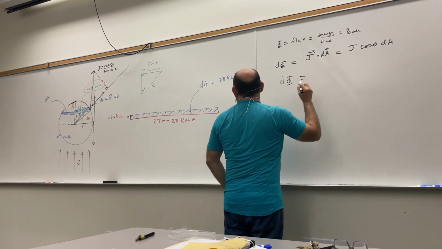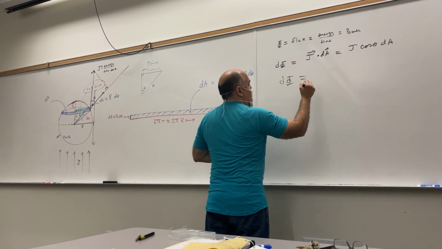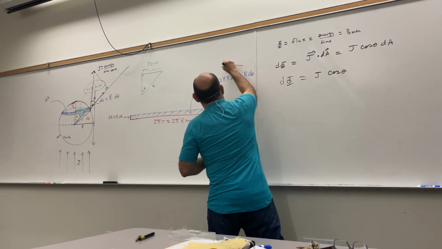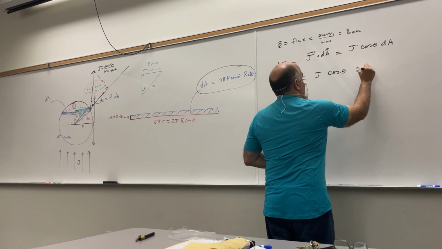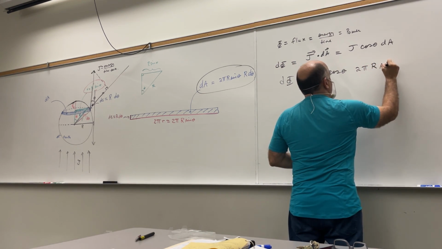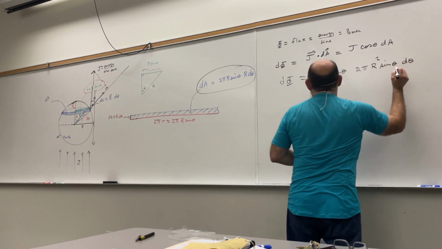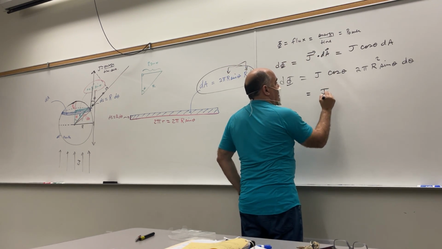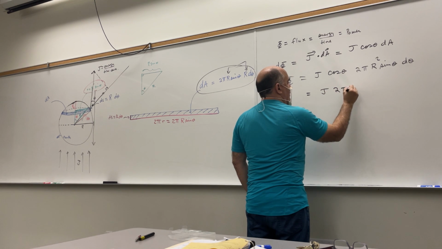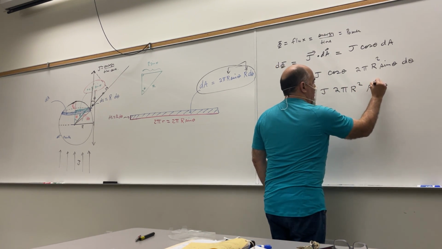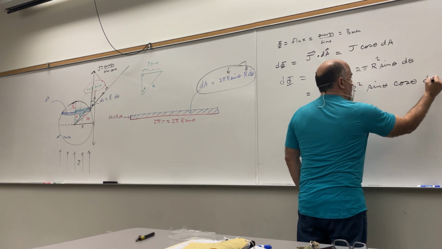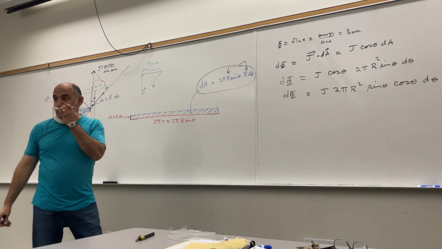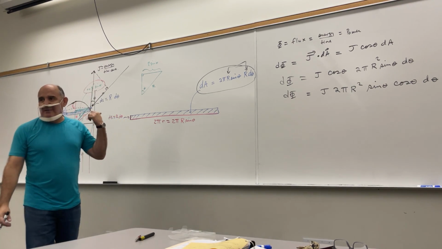J, and then I have the cosine of theta, and then dA is 2 pi r squared, since I can combine this with this, sine theta d theta. So this is J times 2 pi r squared sine theta cosine theta d theta, the flux through that strip of area dA in blue.